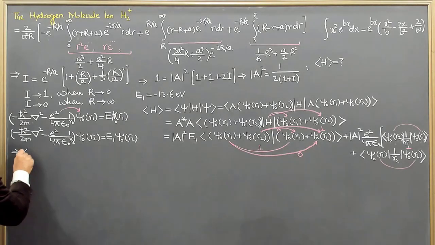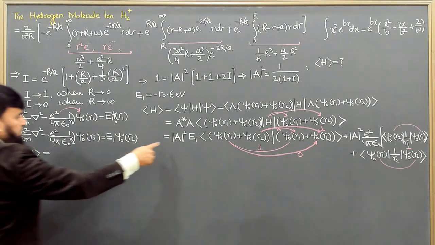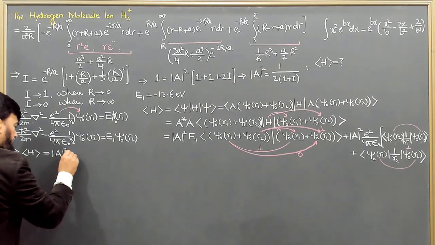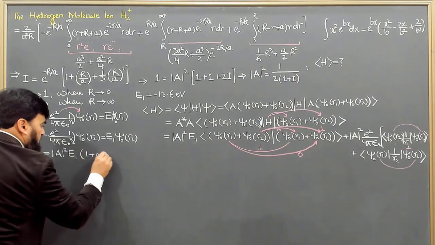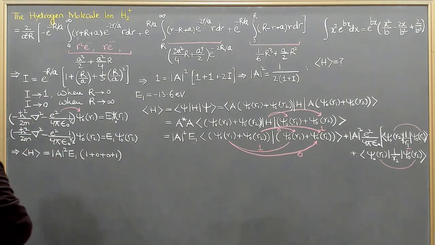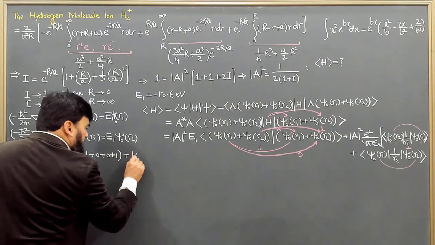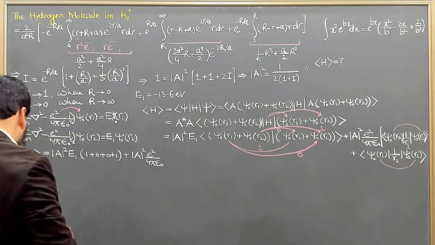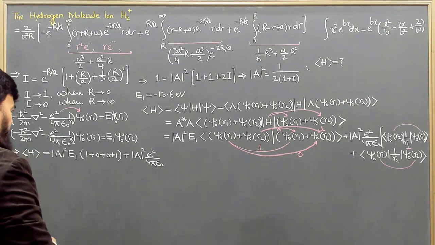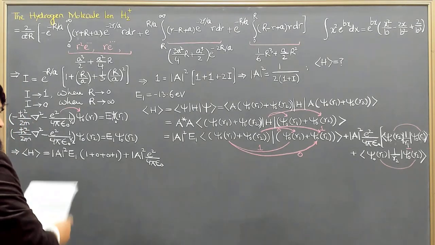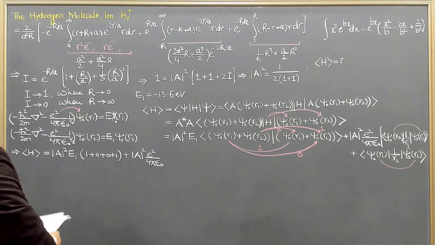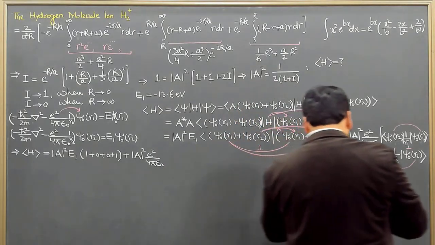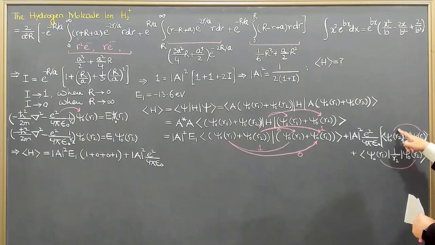This implies that the Hamiltonian is equal to a mod square E1, and then we have 1 plus 0 plus 0 plus 1, so it will come out to be 2 here, and then plus a mod square and e square over 4 pi epsilon naught, and these two terms that I have here, let me suppose them with another notation.